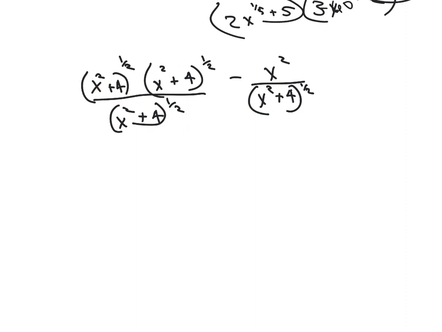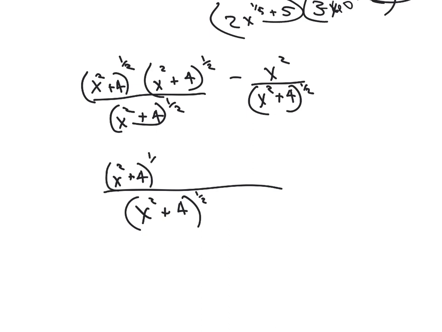So we can write this whole thing over 1 fraction of x squared plus 4 to the 1/2 power. So let's put x squared plus 4 to the 1/2 times x squared plus 4 to the 1/2 minus x squared. So now what we need to do is figure out how to simplify this stuff up here.